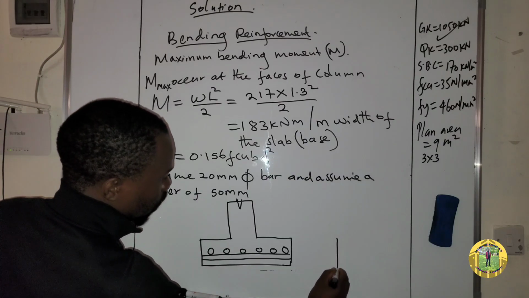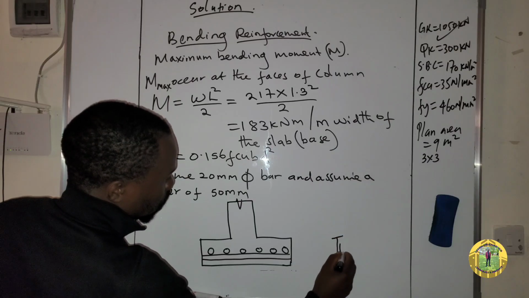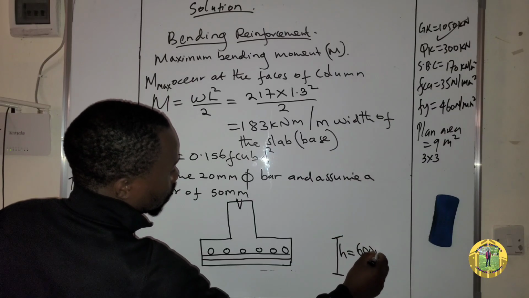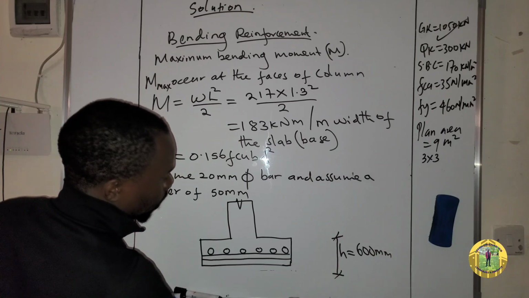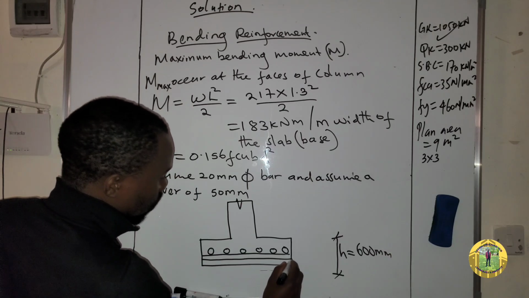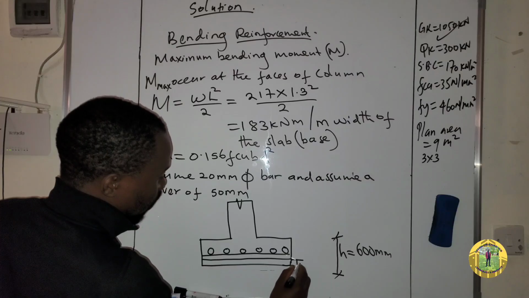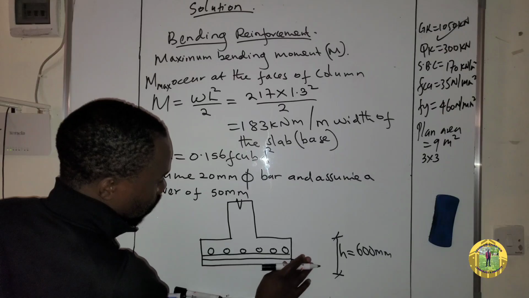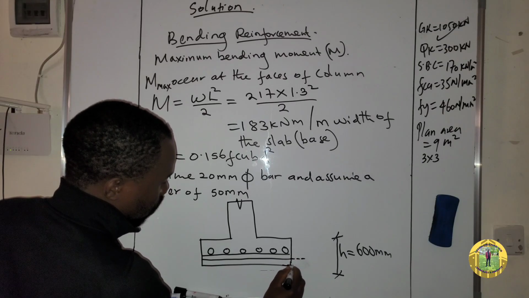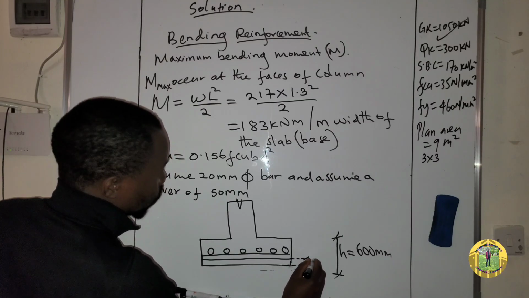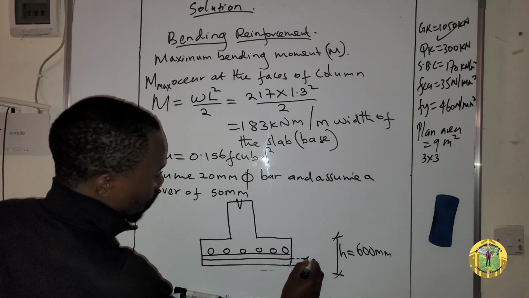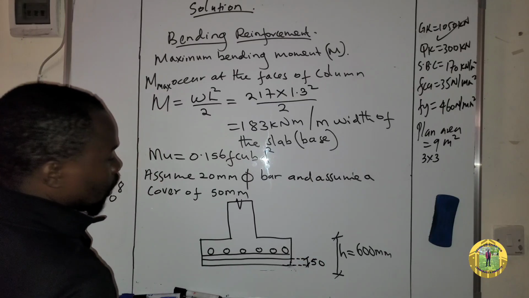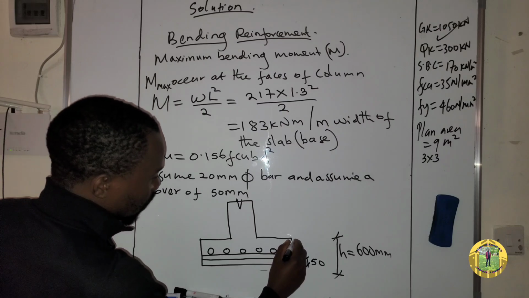So this one is the overall H, which is equal to 600 millimeter. And this one is the cover, which is 50 millimeter. So our D is this distance.